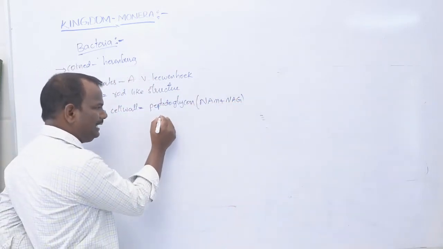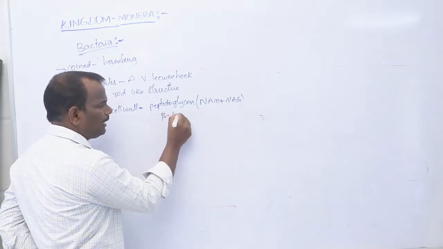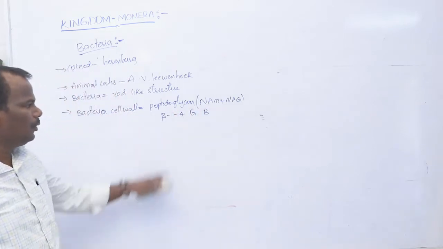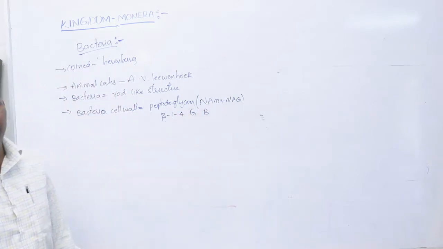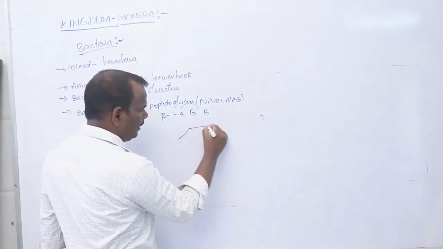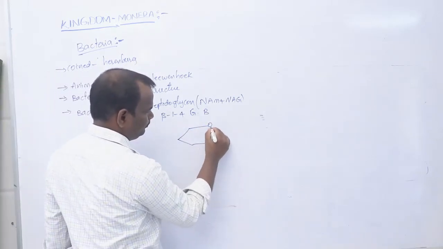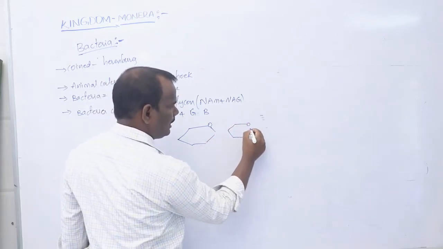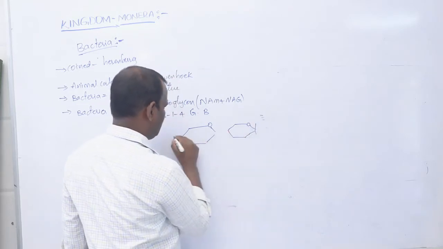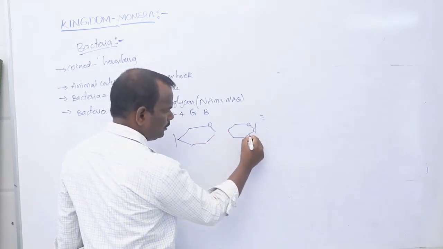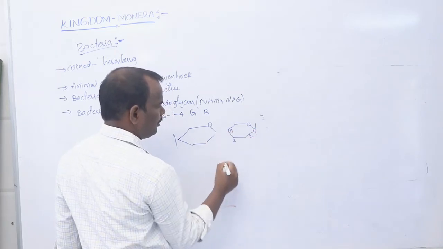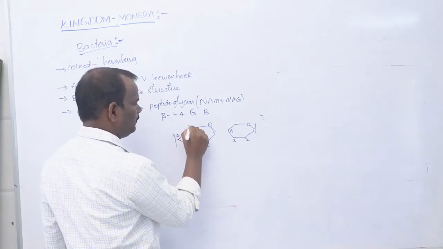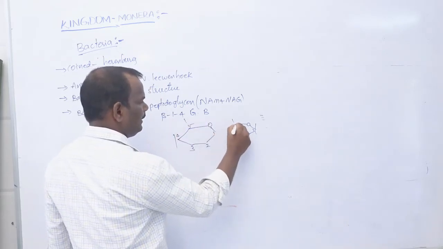Both consist of beta 1,4 glycosidic bonds. Here, in this beta 1,4 glycosidic bond, this is 1, 2, 3, 4, next 1, 2, 3, 4, 5, 6.